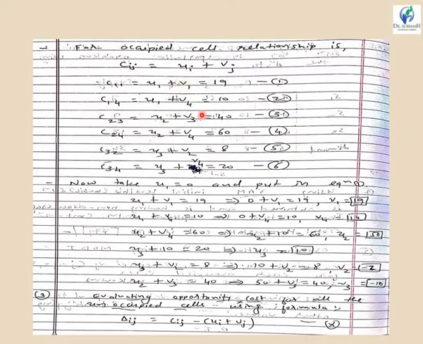Now assuming any one variable is equal to 0, in this case I have assumed U1 is equal to 0, and putting that value in the first equation, you can get the value of V1. U1 plus V1 is equal to 19; I have assumed U1 is equal to 0, so V1 is 19. Now obtaining the other values: U1 plus V4 is equal to 10. We have already assumed U1 is 0, so V4 is equal to 10. U2 plus V4 is equal to 60; we have already obtained V4, so substituting that, U2 is equal to 50.